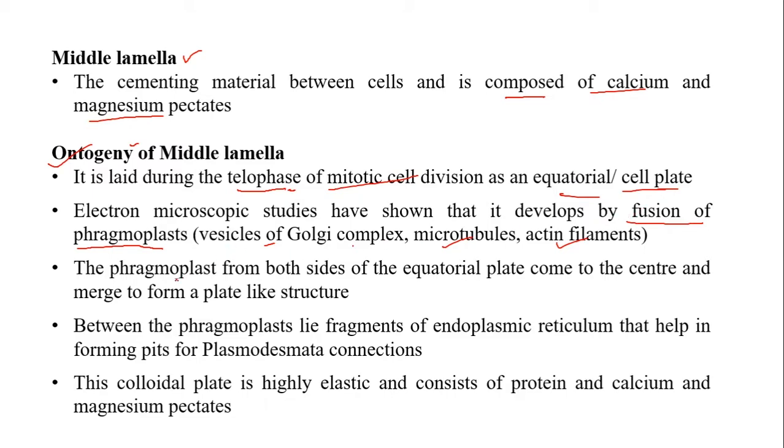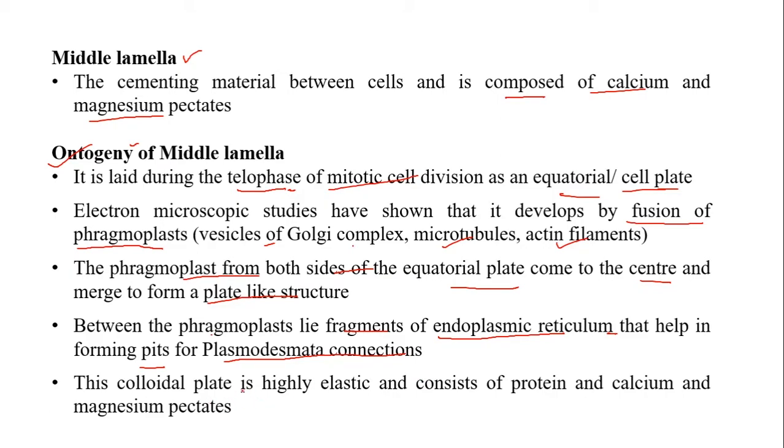The phragmoplast from both the sides of the cell migrate to the equatorial plate and come to the center. They merge to form a plate-like structure. This part I'll explain with a diagram. Between the phragmoplast, fragments of endoplasmic reticulum get embedded and they form pits for plasmodesmatal connections.